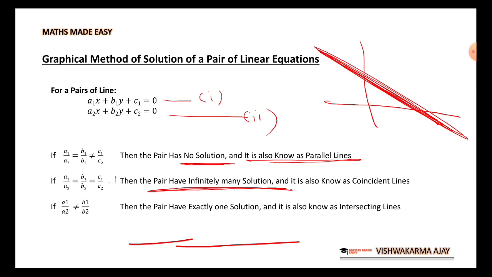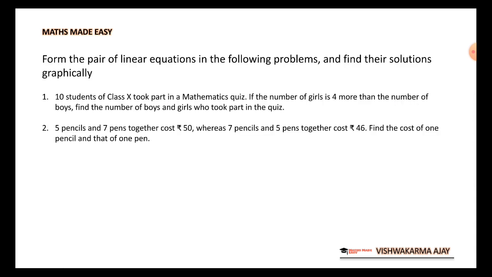So it has infinitely many solutions and they are coincident lines. If a1 upon a2 is not equal to b1 upon b2, this is the case where there is only one solution. I have exactly one solution, and the lines are known as intersecting lines. You will see this in much more detail when we solve some more questions.